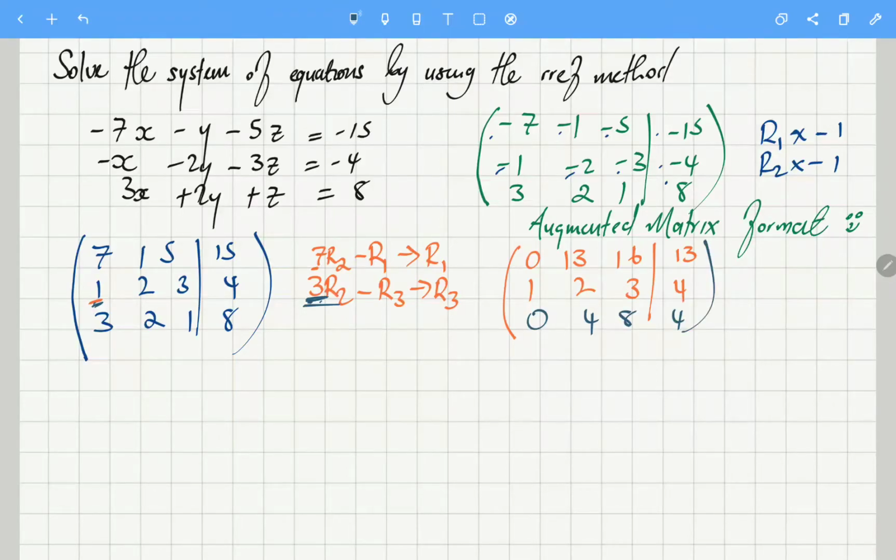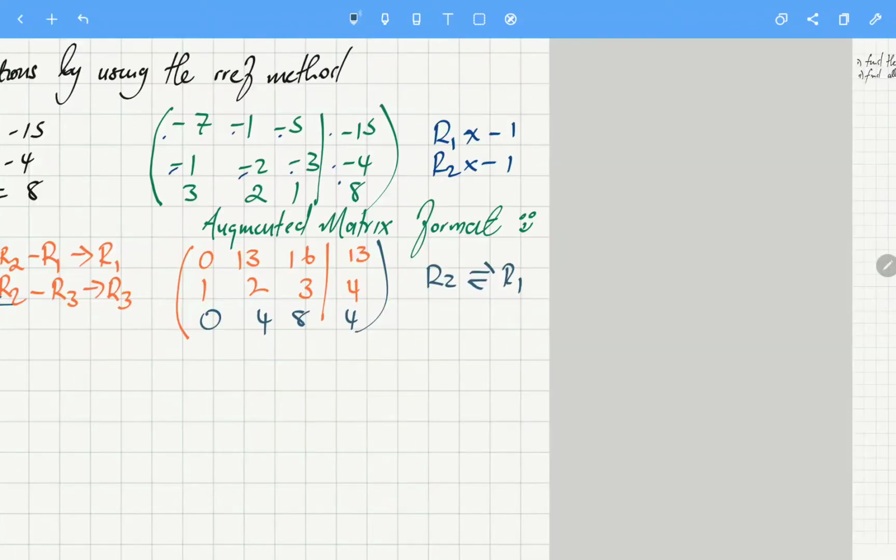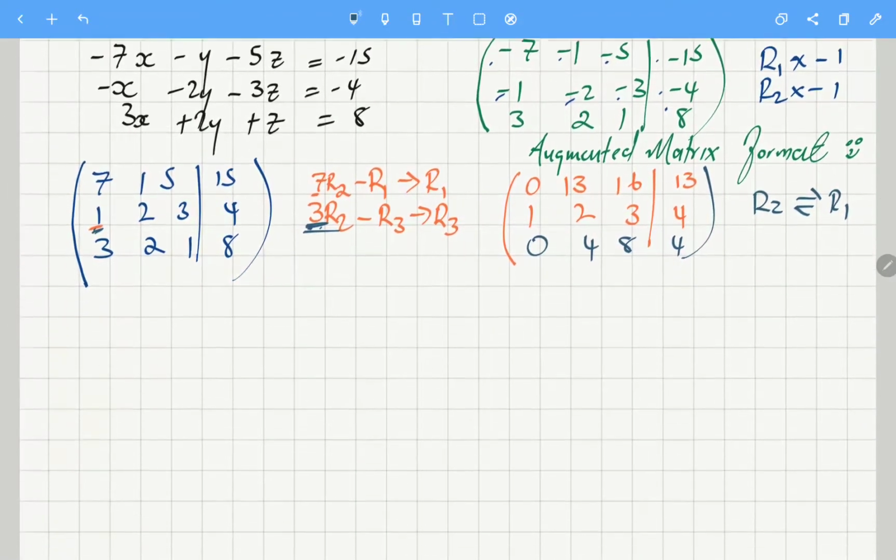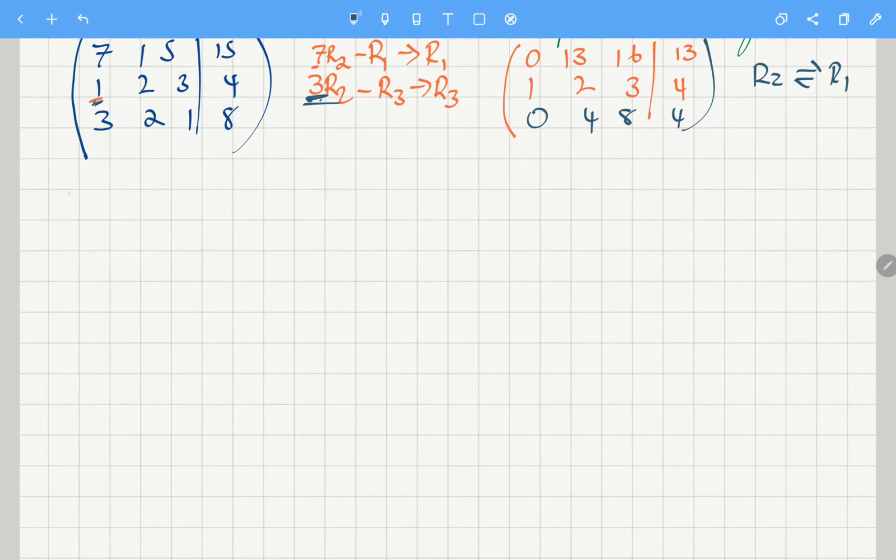Okay, and then I'm going to swap my rows, row 2 and row 1. So that becomes 1, 2, 3, 4, then 0, 13, 16, 13, then 0, 4, 8, 4.